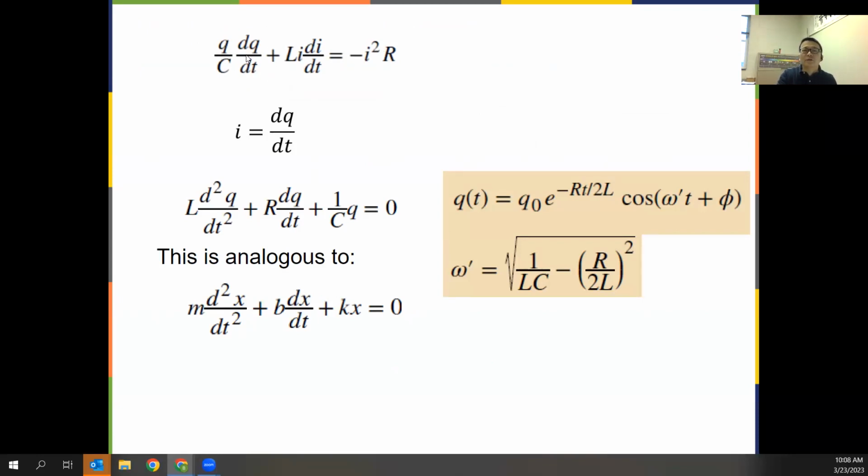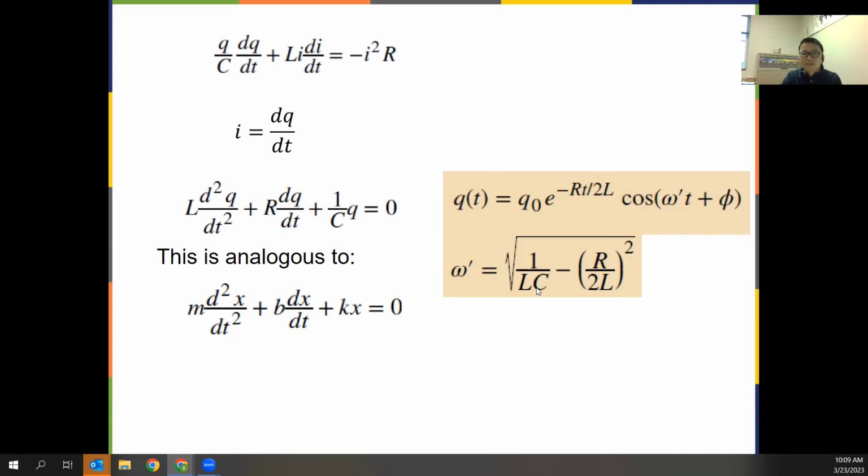This is the power on the capacitor, this is the power on the inductor, and this is the power on the resistor. Okay, so this is a differential equation. You can actually solve it. The result should be a cosine function, or a cosine function would be one of the solutions, and it gives you this. Okay, so it dies out, right?